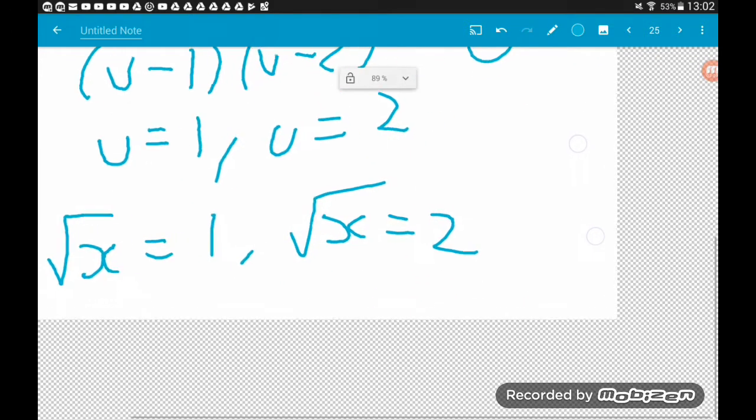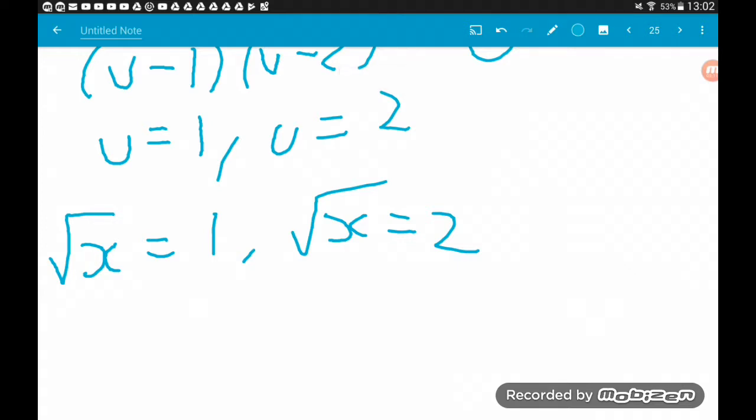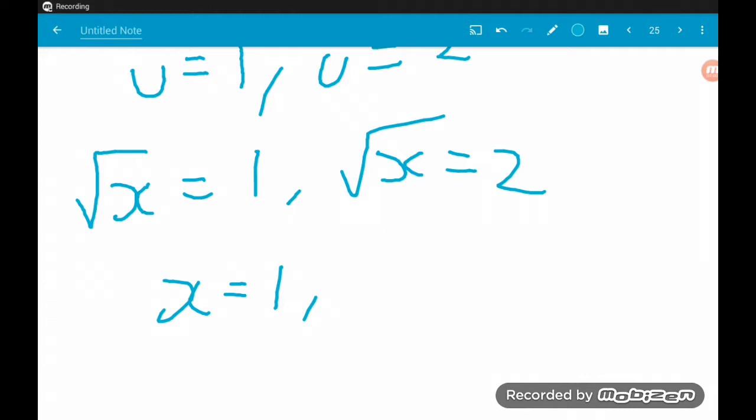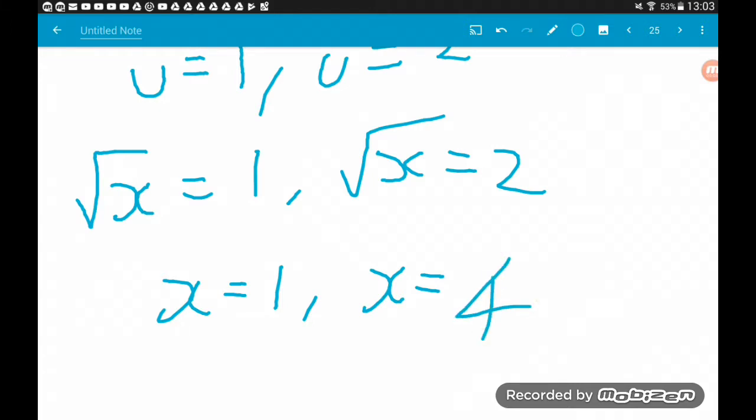If we then square both of those, we get x equals 1, and if root x is 2, squaring both sides gives us x equals 4. So we've solved the equation that wasn't originally a quadratic. We made it one using substitution, solved that, then undid the substitution, and finally got our solutions for x.